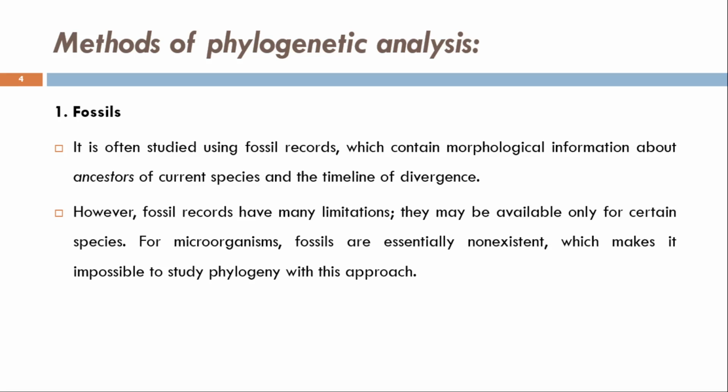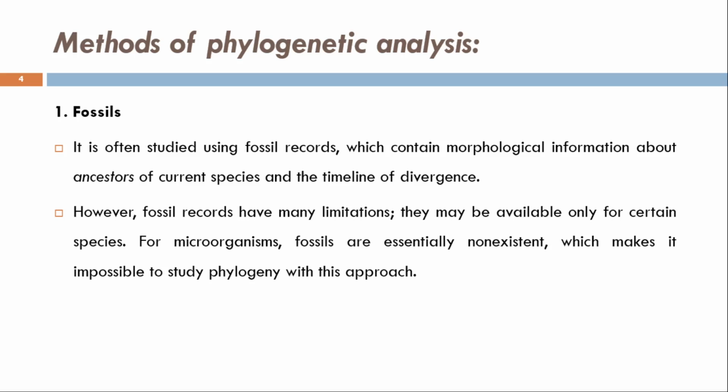You know that it may be a fossil of a plant or a fossil of an animal. The evolutionary relationship can be studied through fossils because fossils contain morphological information about ancestors of current species and the timeline of divergences.